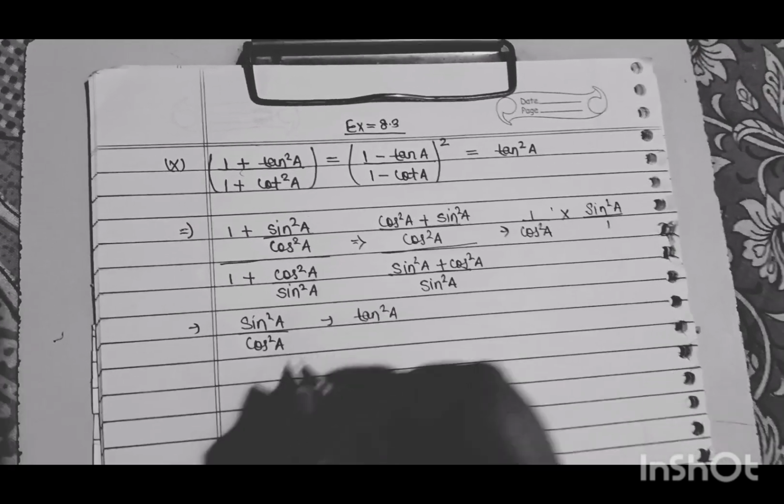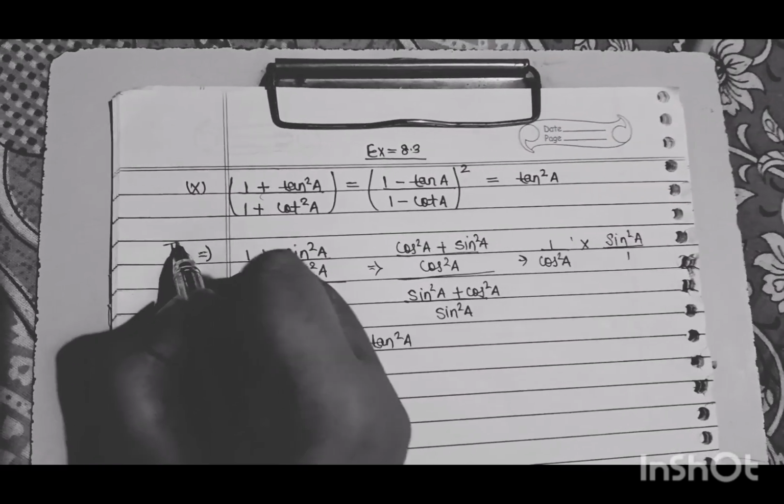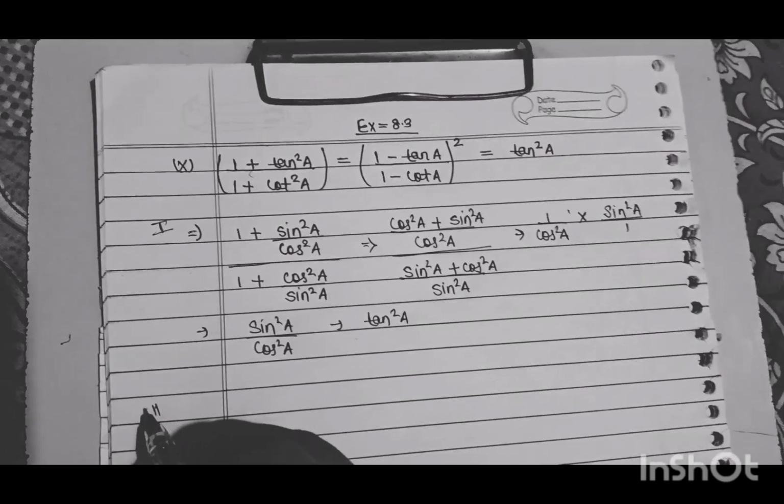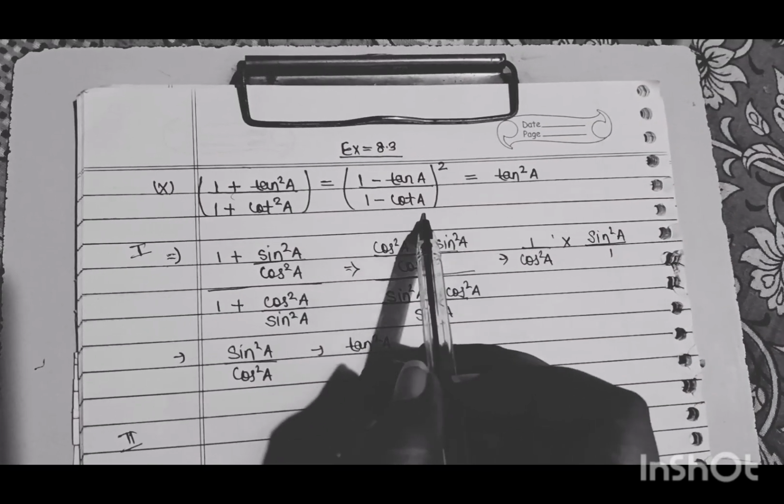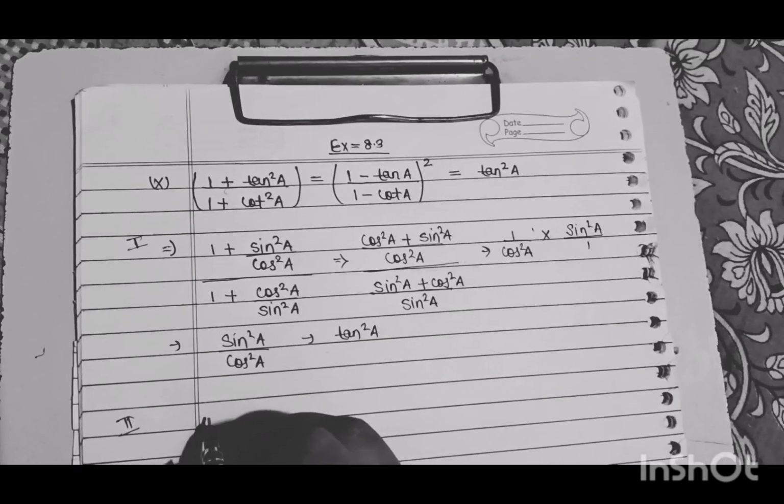tan square A. Now we will move on to the next expression, which is 1 minus tan A divided by 1 minus cot A, whole square.